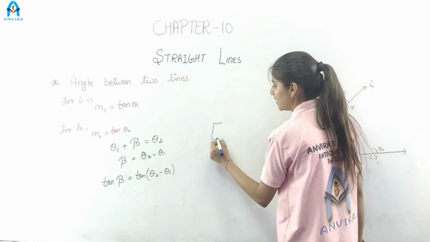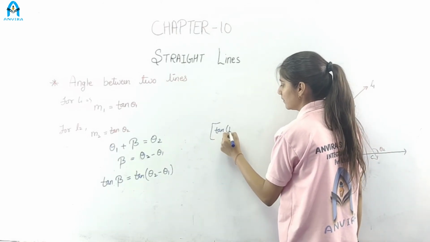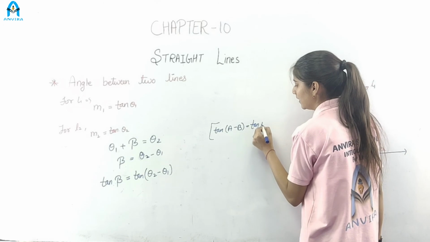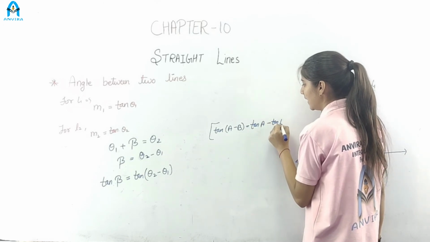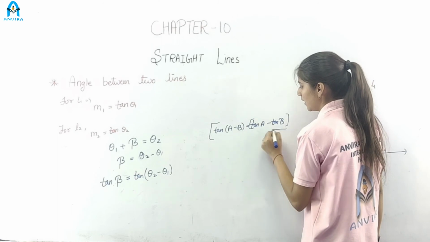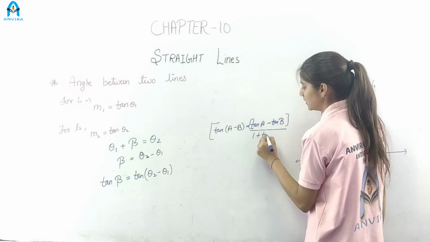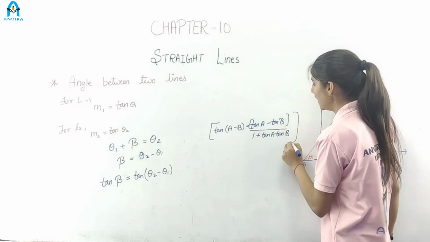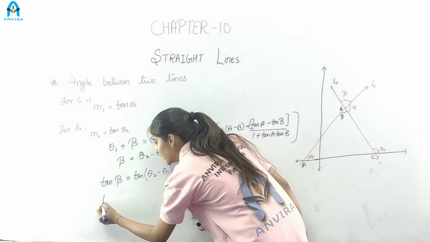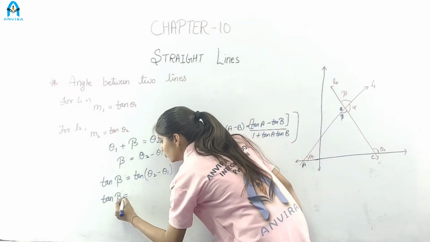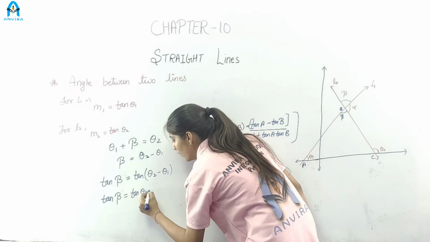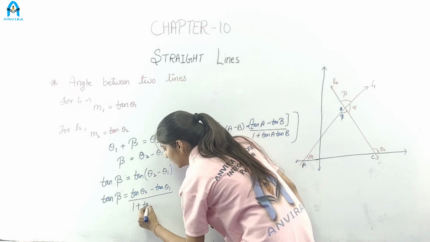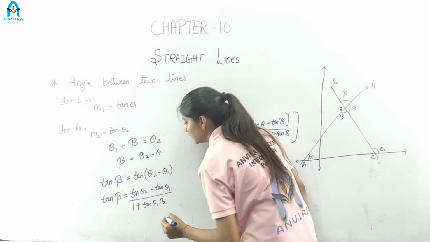So let us recall our previous knowledge of trigonometry, that is tan of A minus B. Tan of A minus B is given by tan A minus tan B upon 1 plus tan A into tan B. So I applied this formula here. What do I get? Tan beta is equal to tan theta 2 minus tan theta 1 divided by 1 plus tan theta 1 tan theta 2.